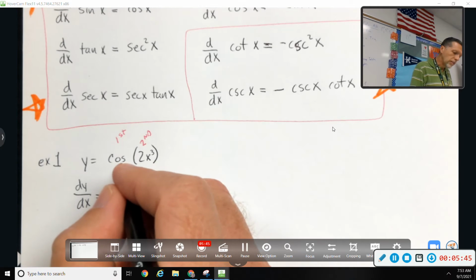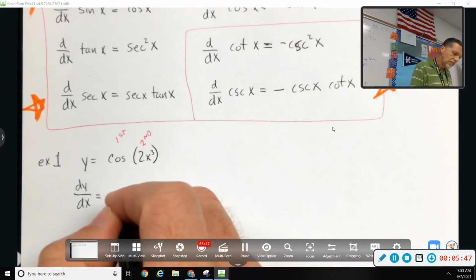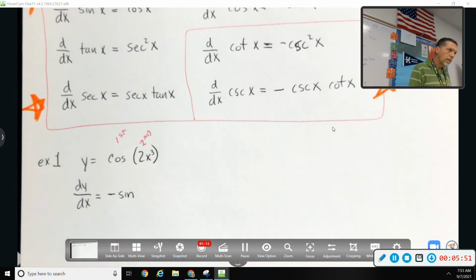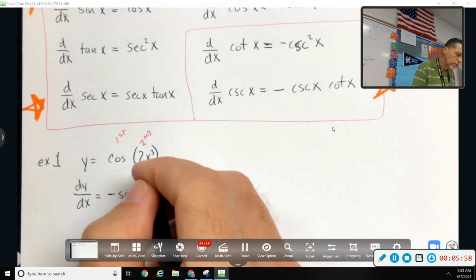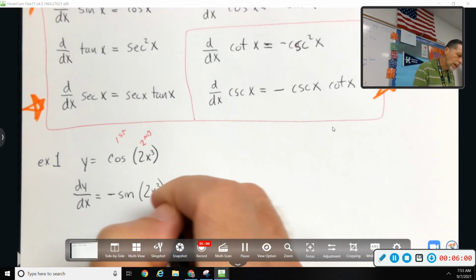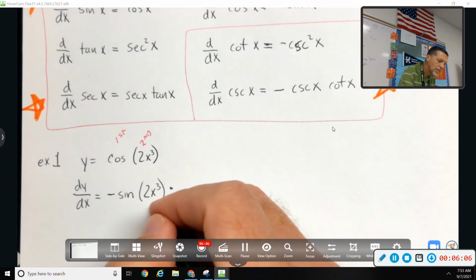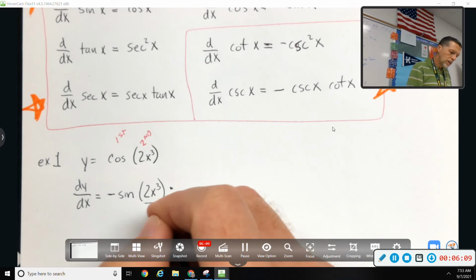So derivative of cosine is negative sine. But once you've done a derivative, you only do one derivative, right? You only eat the blow pop one layer at a time, so leave 2x cubed alone. Once you finish the wrapper, then you move to the next thing, the derivative of 2x cubed.